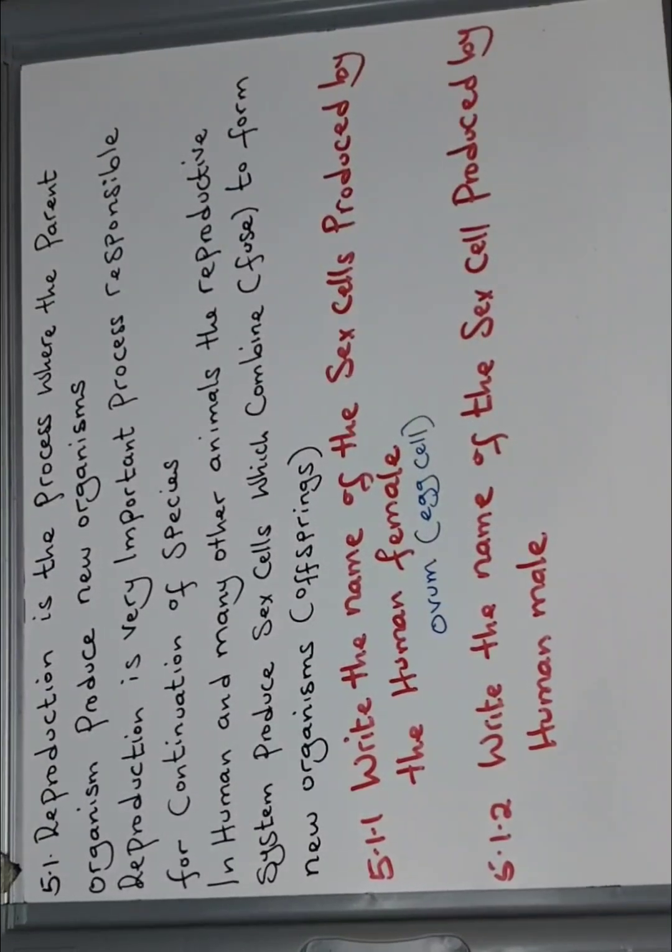Then comes another question, says, write the name of the sex cell produced by human male. Yes, what is the name given to the sex cells produced by human male? It is called sperm.